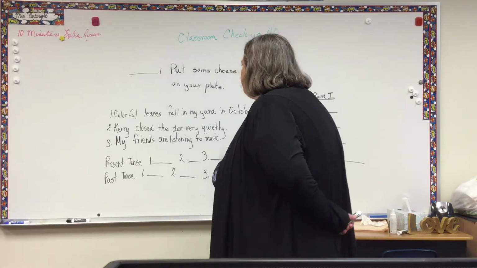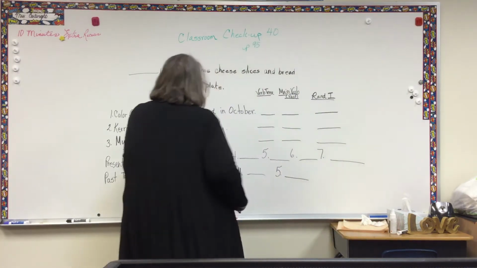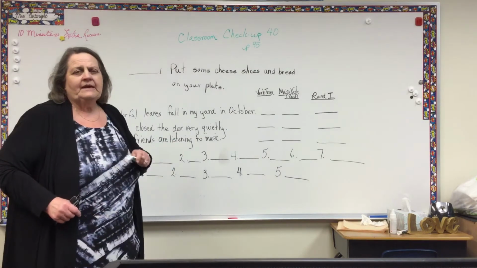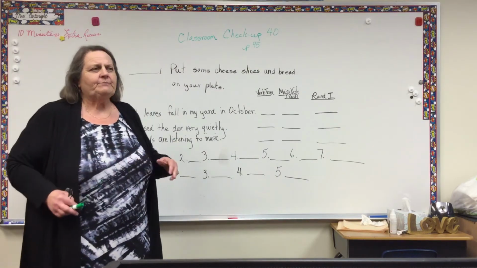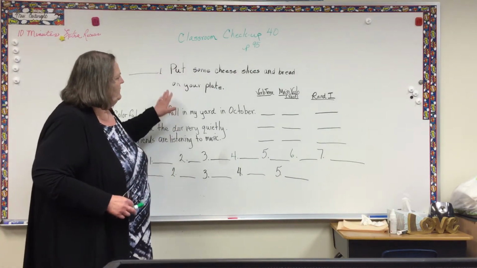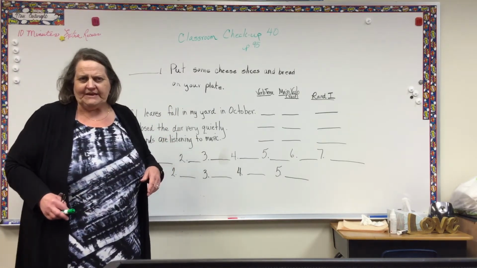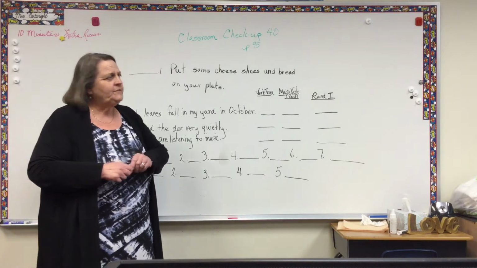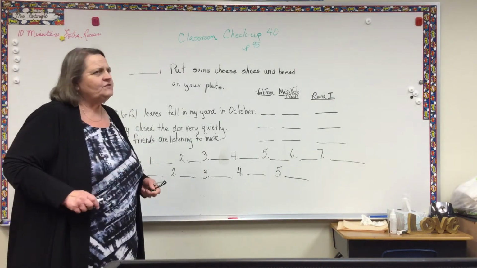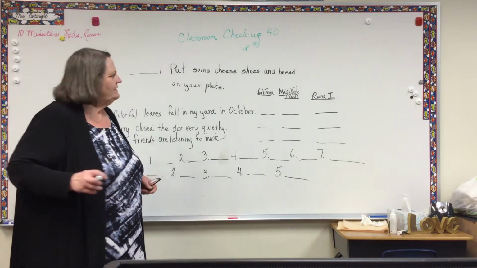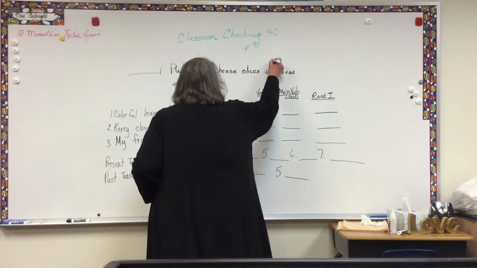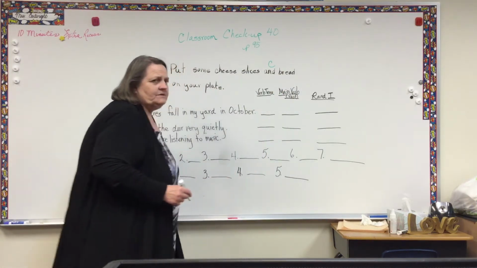Okay, what I'm going to do is the first sentence, and if you'll remember, we're in pattern 3. So let's look at this sentence and identify things that we see before we get started. The first thing I see is the word and, okay? So I know something in this sentence is compound.